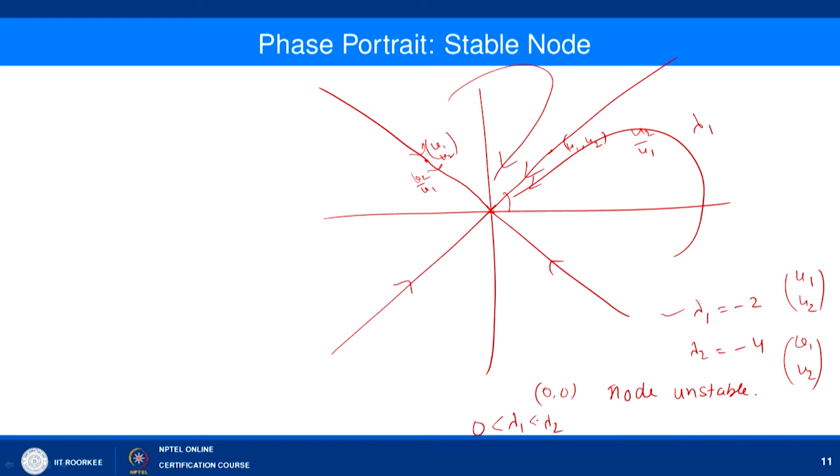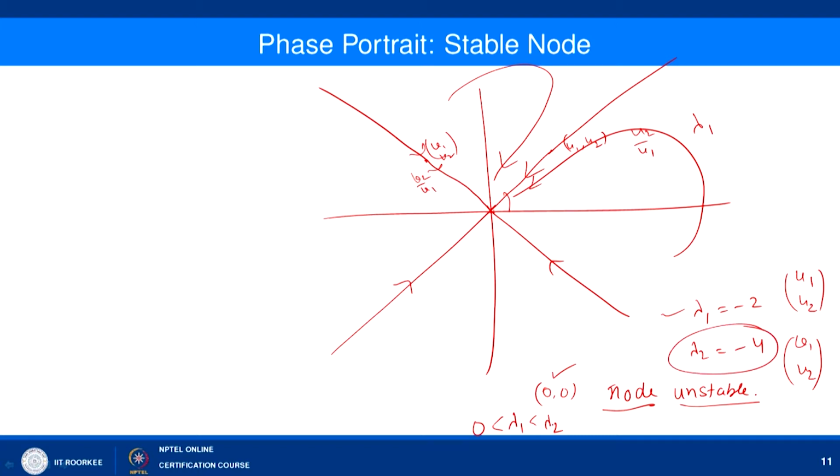So, in this case the origin remains a node, but it is unstable, and the phase portrait will look almost exactly the same. The only thing is that now the solution will move towards infinity along the other sign. It is moving away along the line having the slope u2 upon u1, and it will go towards infinity along the other line corresponding to lambda 2, the bigger one.